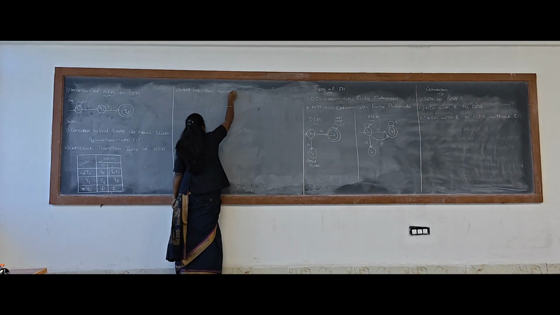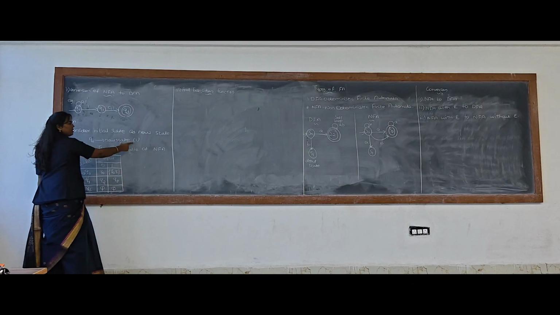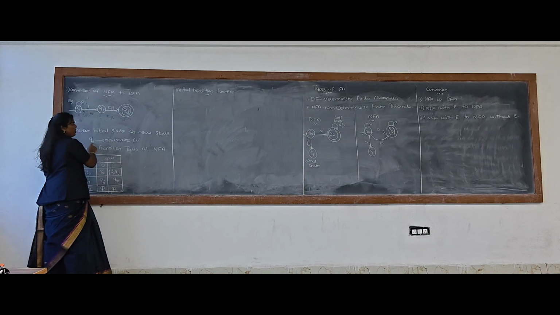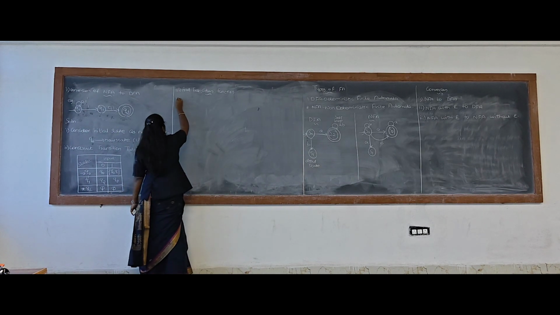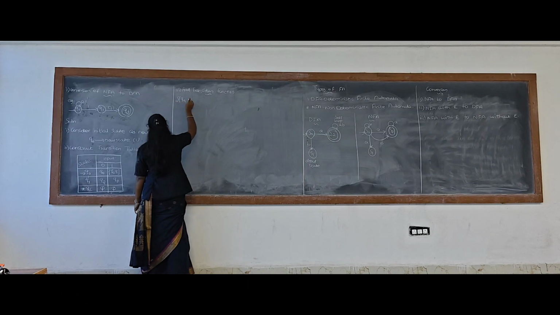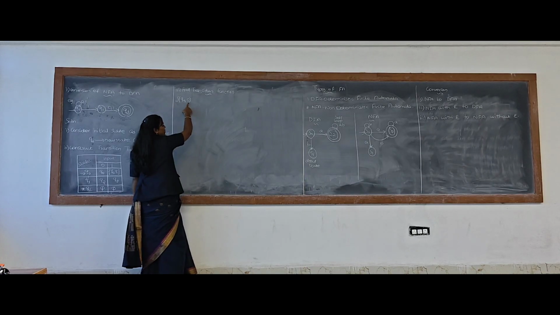So here already we have the new state 1 as the initial state, right? So we have Q naught as the new state 1. We will start with this new state, which means transition of Q naught comma 0, because to find the transition functions, we need the old state, the input symbol and the new state.